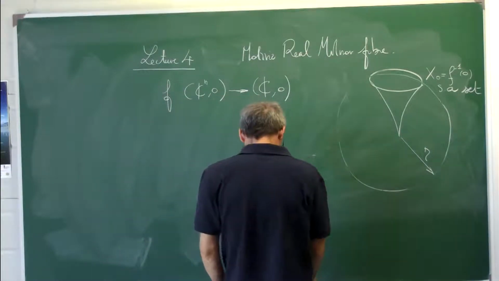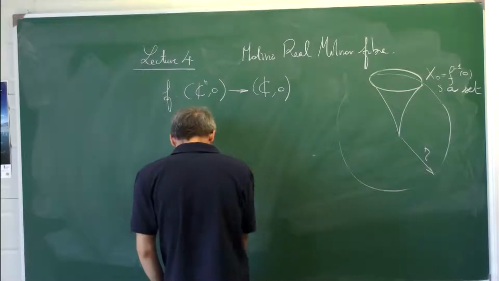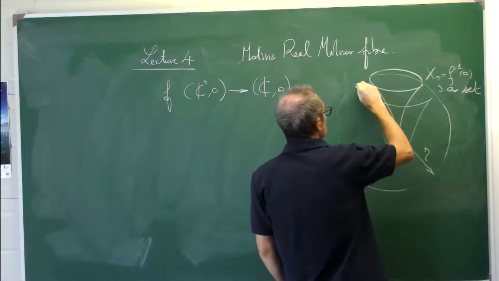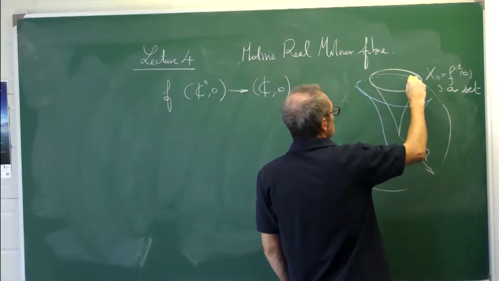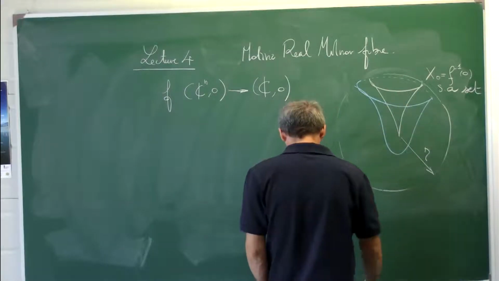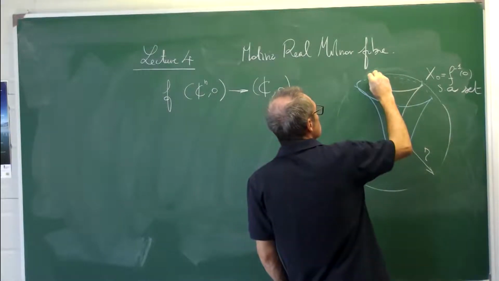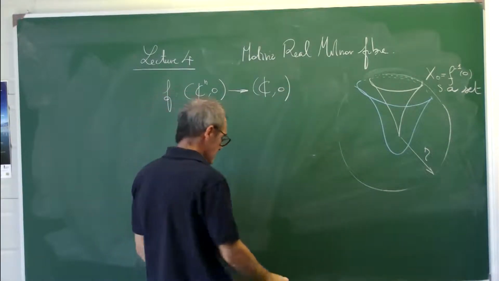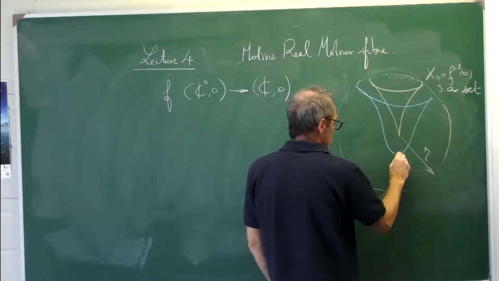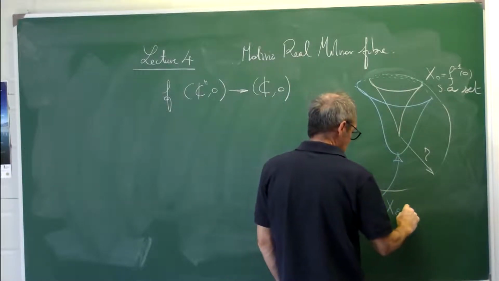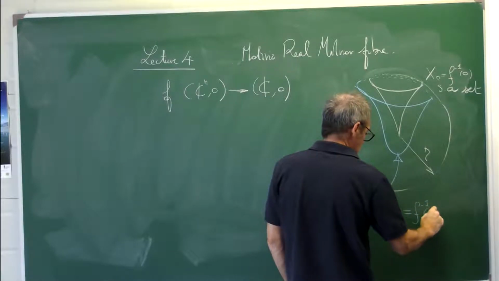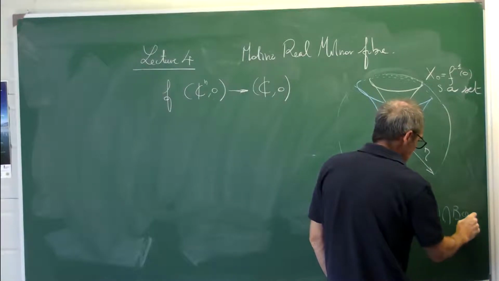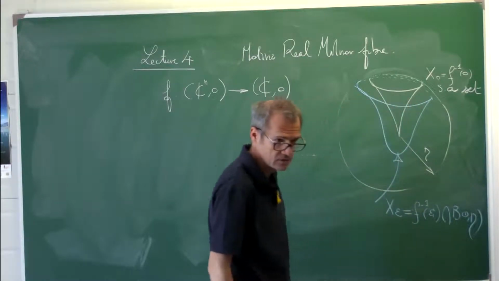And you have nearby fibers in blue around the special fiber, also seen in a small ball centered on the origin with a small enough radius.